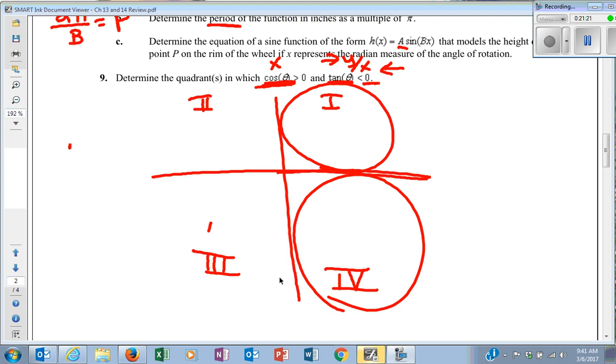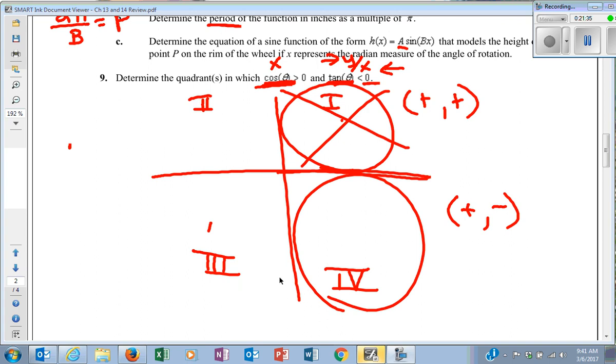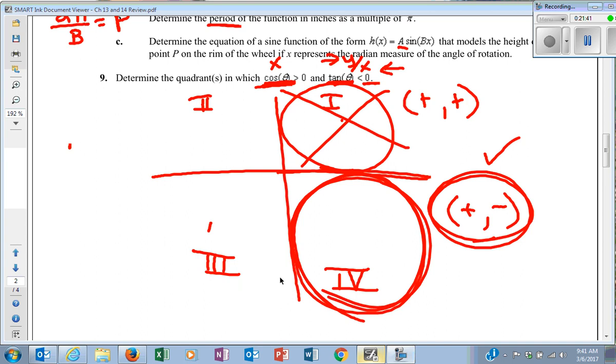And I look and I go, wait, this one right here, both my x and my y values are positive, which will not make tangent negative, so that gets thrown out. In this one, I know my x is positive, but my y is negative, which would give me, check, a negative tangent, so quadrant 4 is the only place in which what they describe is true.